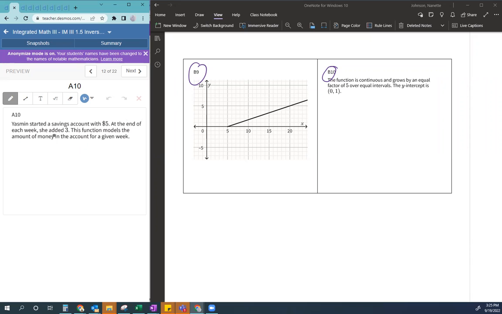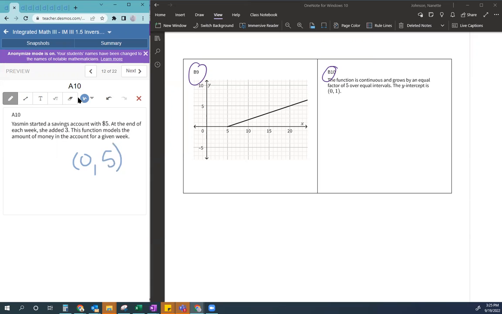Okay. So hopefully this makes a little bit more sense to you in terms of how to go forward. What you're doing is reading through and looking for clues on what you can use. So here I used the clue of, oh, the y-intercept of this was going to be the point 0, 5.